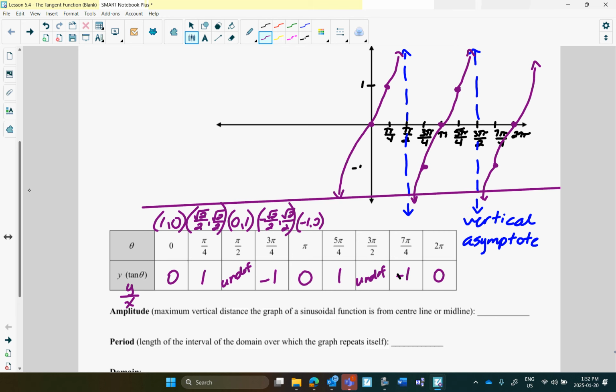What's the maximum? Sorry? Yeah, there isn't one. It keeps going, look at those arrows. It keeps going up forever. And it keeps going down forever. So there's none. There's no amplitude.